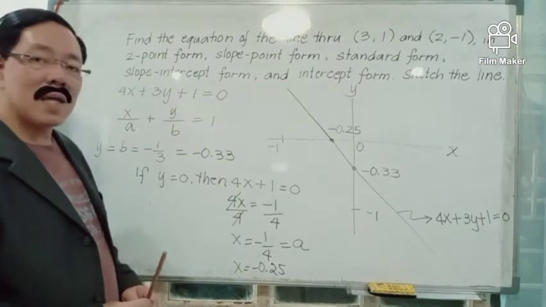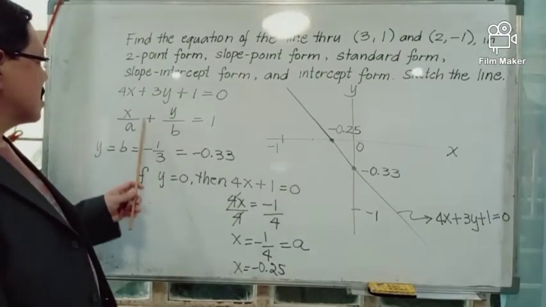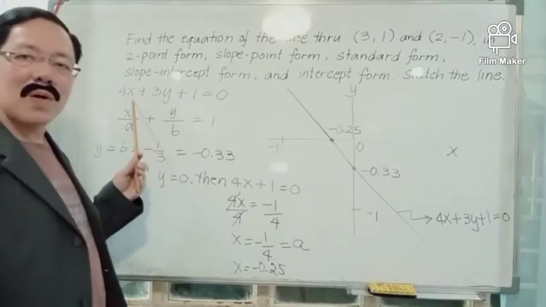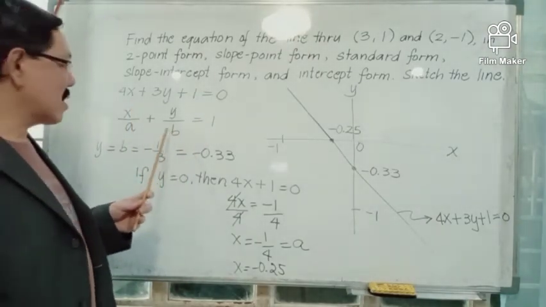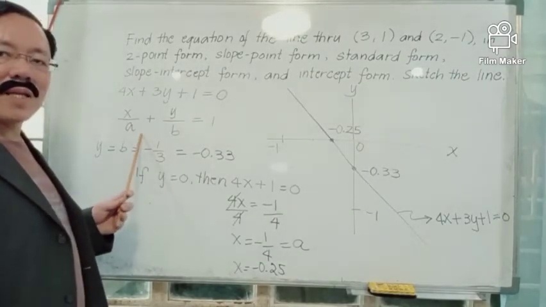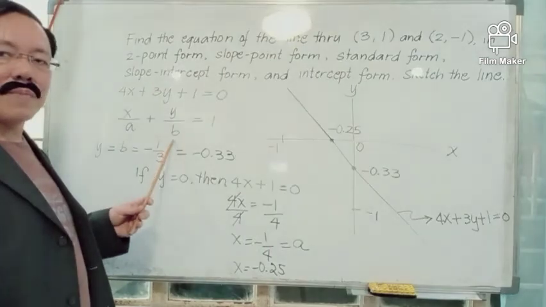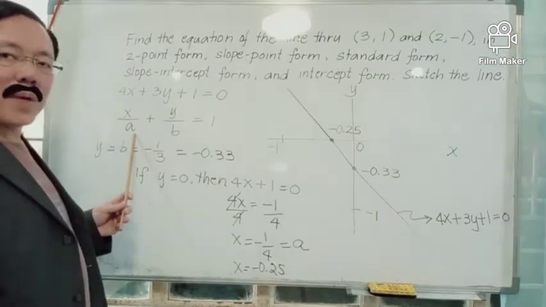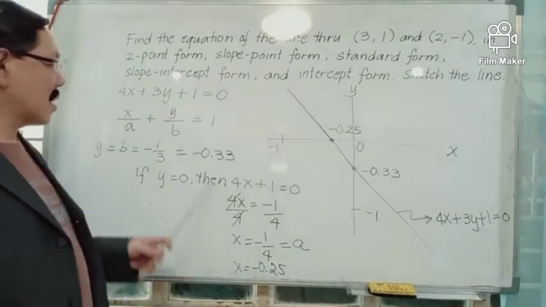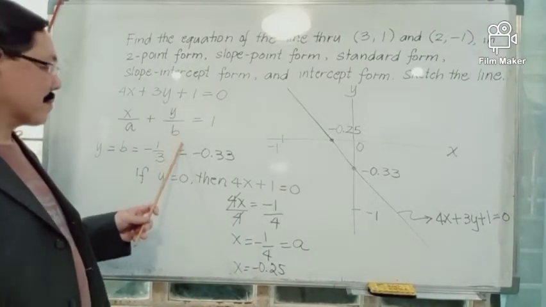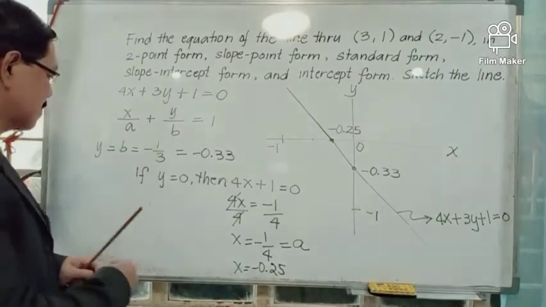Hence, we can now write the equation of the line. This is the general form, or standard form, of the equation of the line. And we can now write the equation of the line in the intercept form by substituting the value of A, negative 1/4, and the value of B, negative 1/3, into this equation.